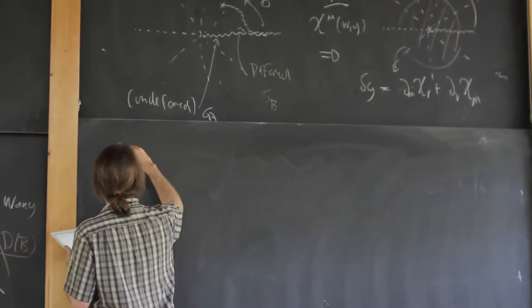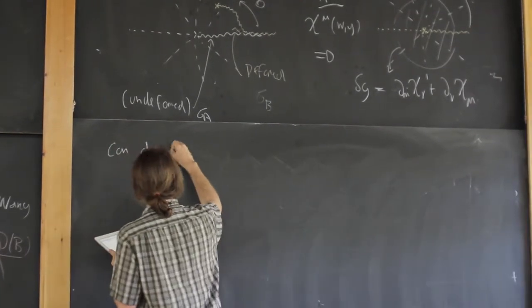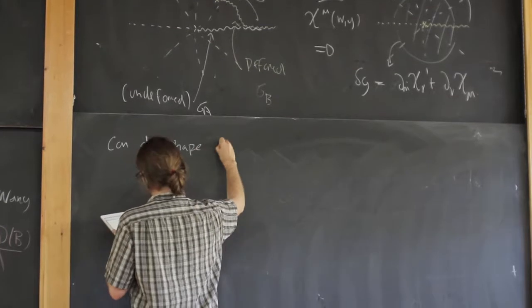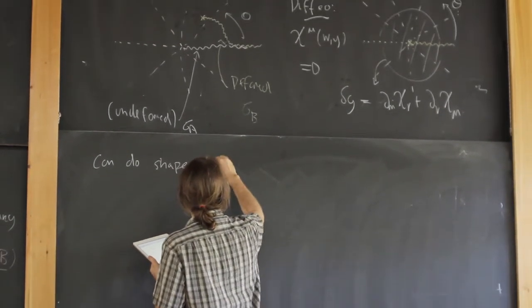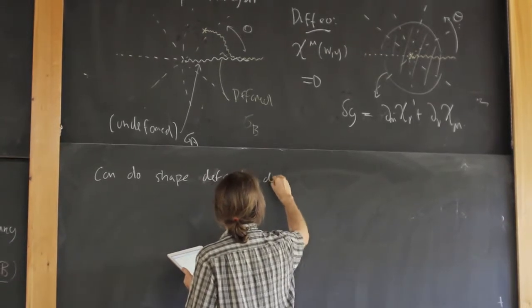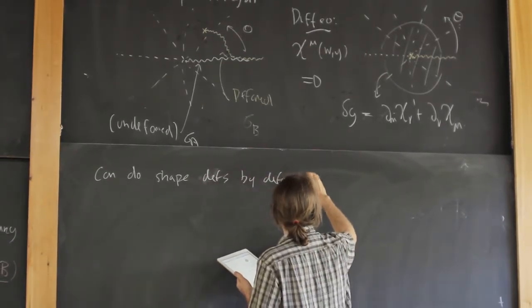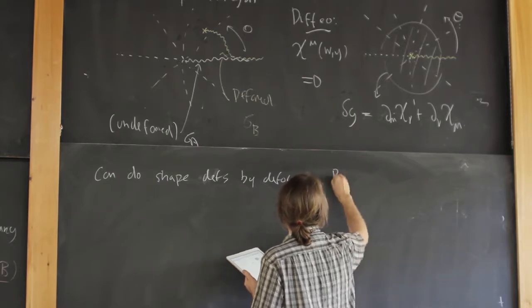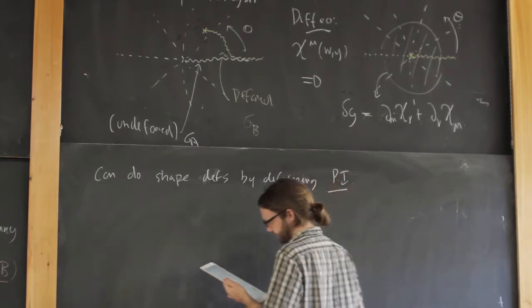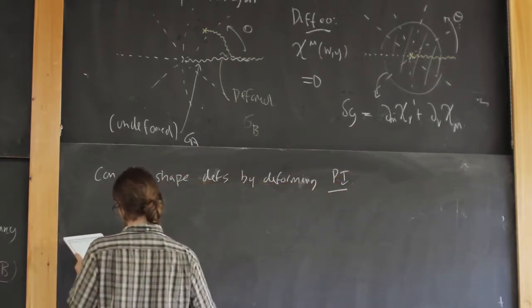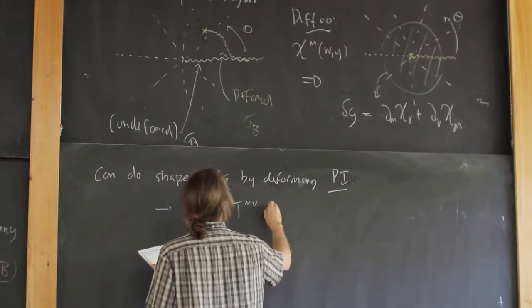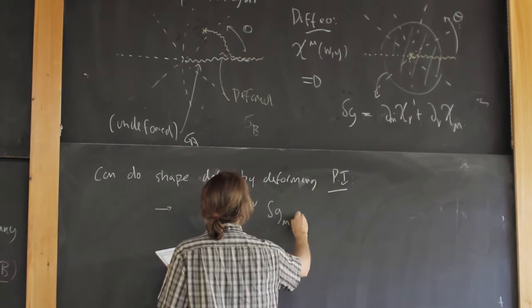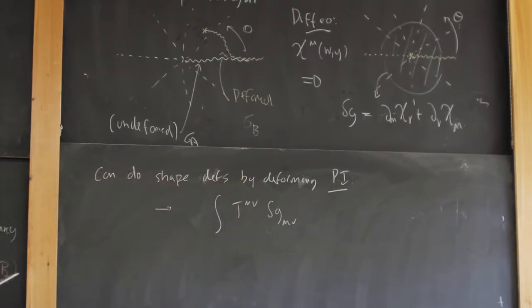So we can do shape deformations by deforming the path integral by some insertion of the stress tensor multiplying this metric.